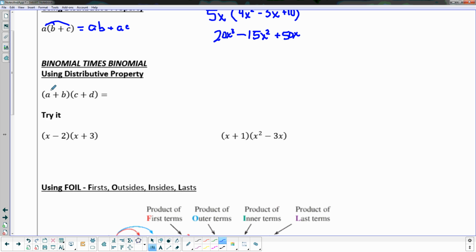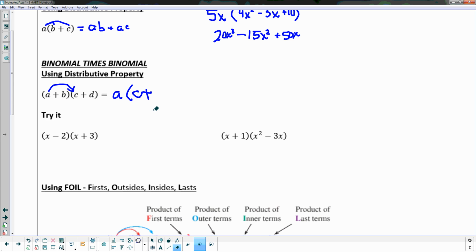But the first idea is that I want to take everything individually in the first set of parentheses and multiply it by the second set of parentheses. So I want to take A and multiply it by C plus D.